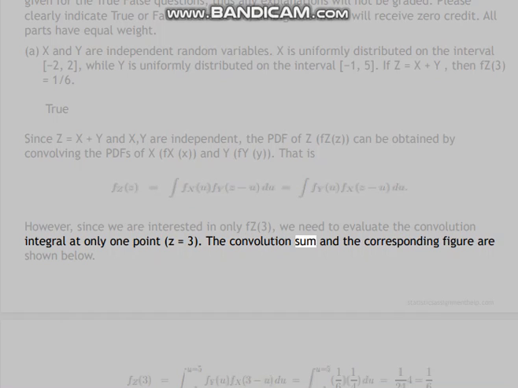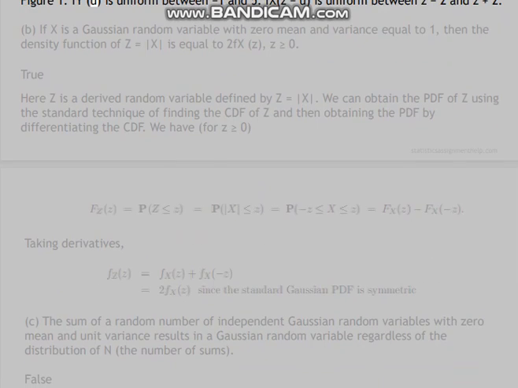The convolution sum and the corresponding figure are shown below. Figure 1: fY(u) is uniform between -1 and 5. fX(z minus u) is uniform between z minus 2 and z plus 2.